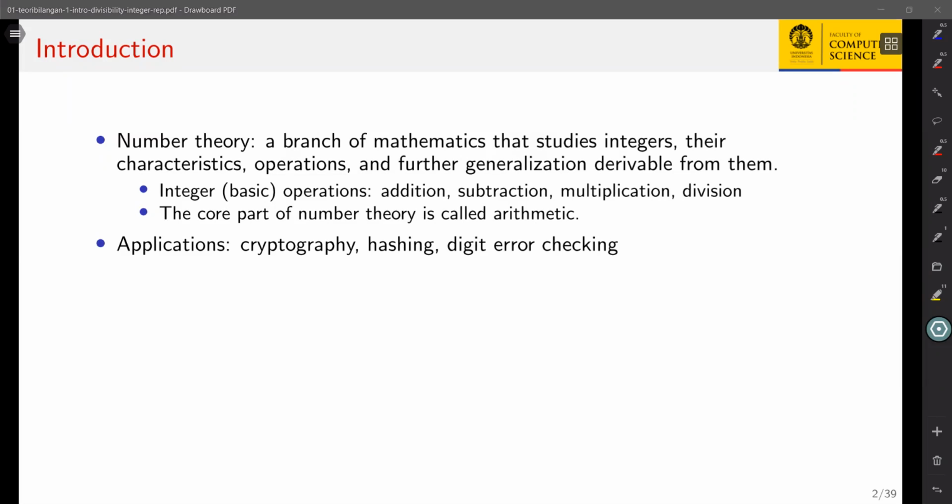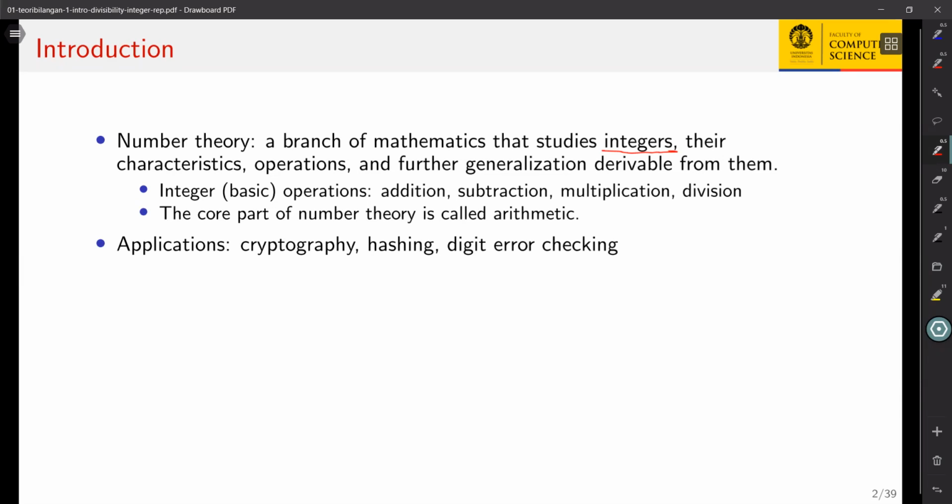So here, integers. Of course, integers are numbers that everybody knows, like the numbers 1, 0, 2, -3, and whatever.